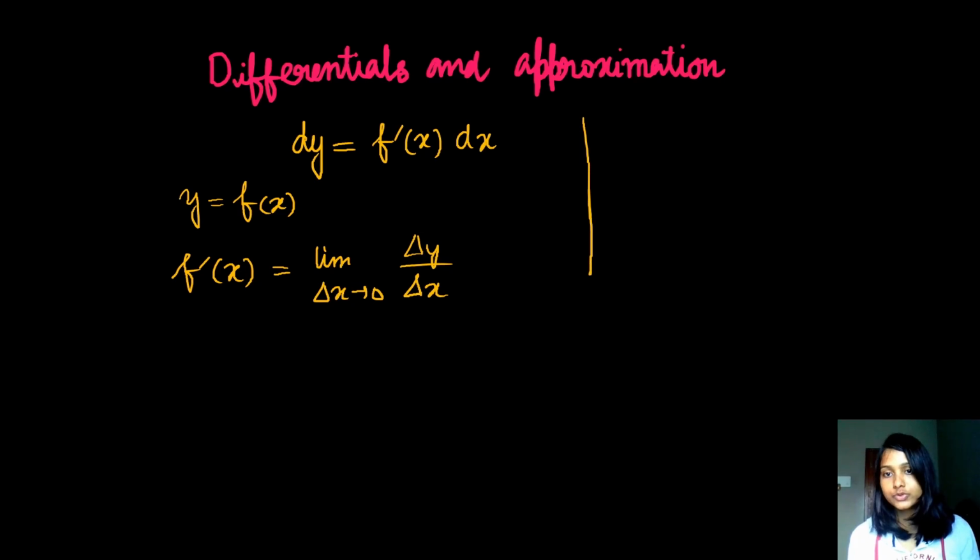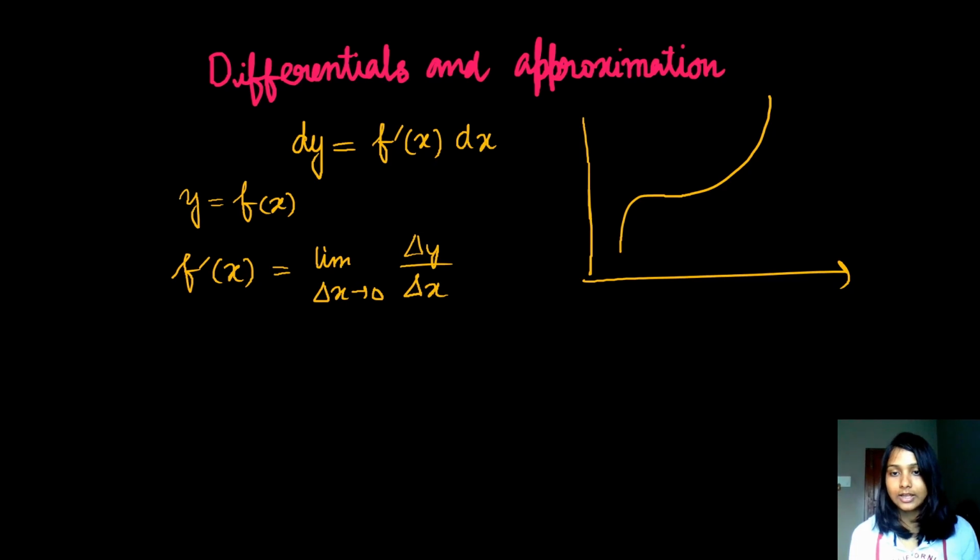So suppose we have a function like this, and suppose this length is delta x, and this length here is delta y.